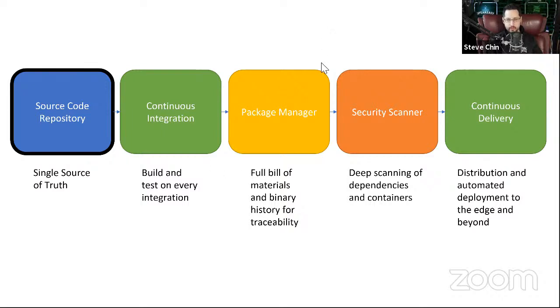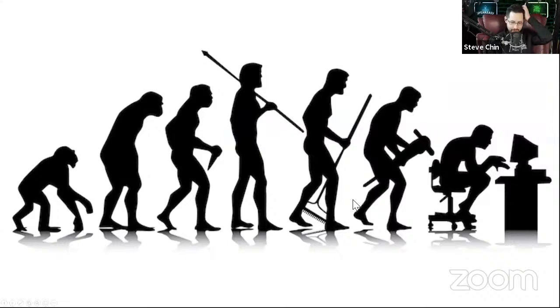Okay, so let's start out with source code repository, and we'll go through a brief history of source code repository, probably dating some of us in the room. But source code has actually evolved a huge amount in terms of its complexity. I remember when I was in university, a lot of people were still using locking version control systems, and concurrent version control systems were just becoming popular.